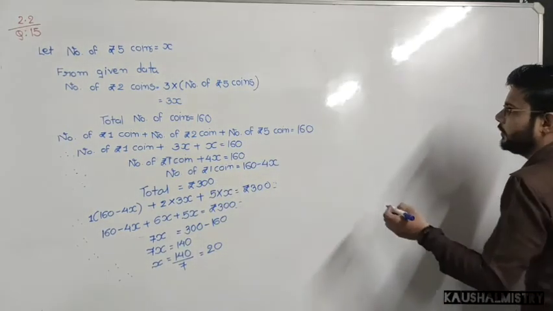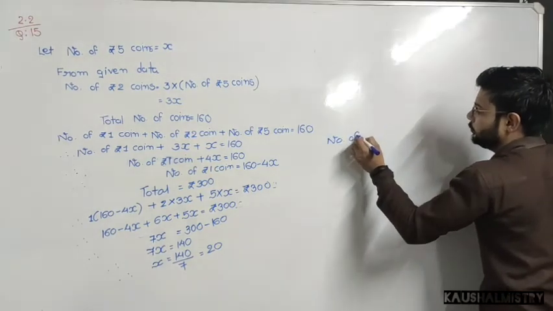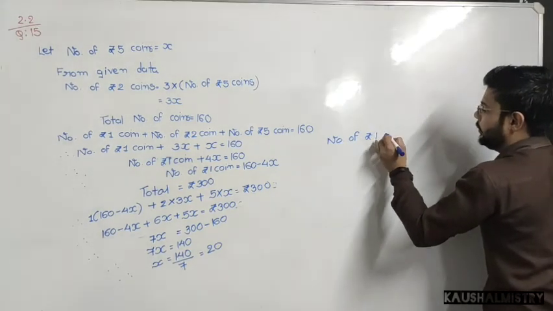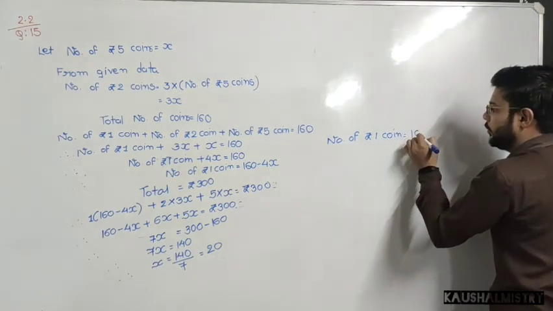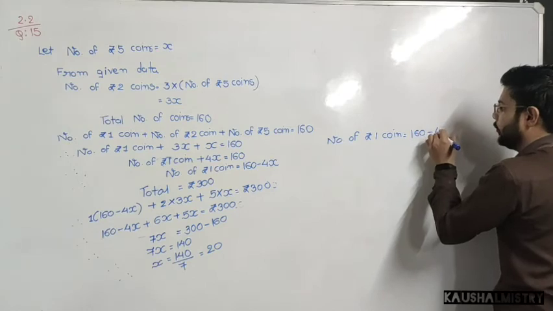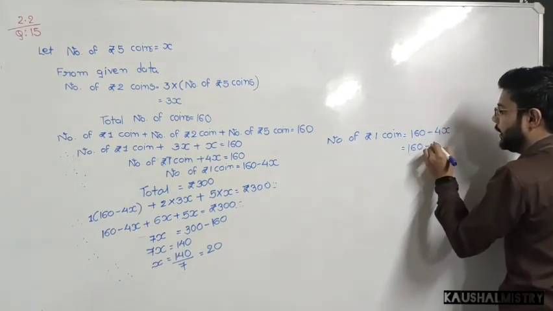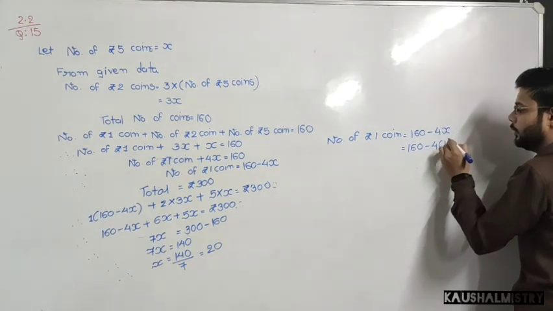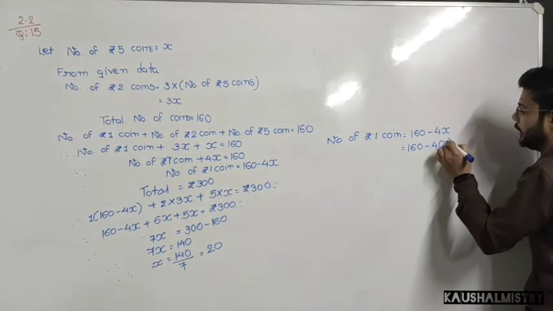So that means number of rupee 1 coin will be 160 minus 4x, and that is equal to 160 minus 4 into 20.